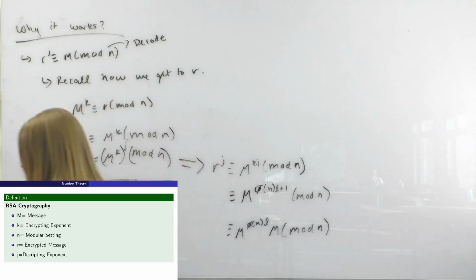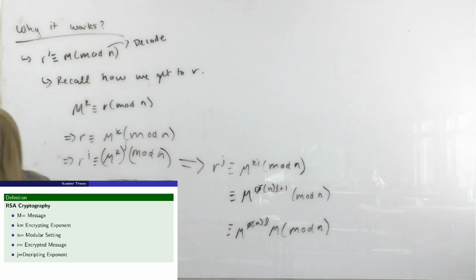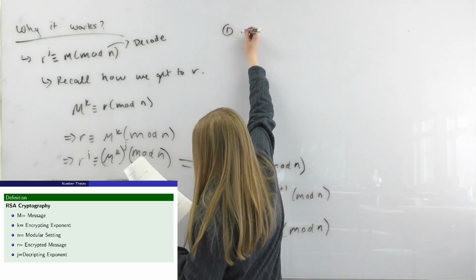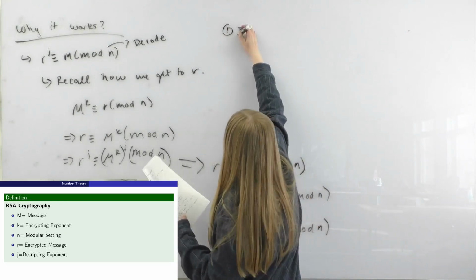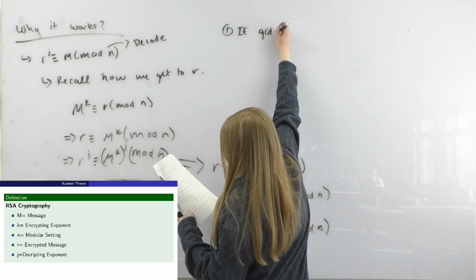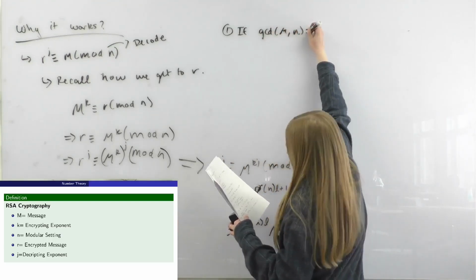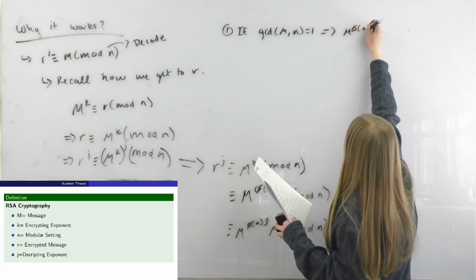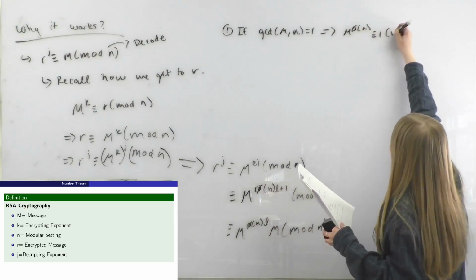Okay. So our first case here is if the GCD of m and n is equal to 1, then m to the phi of n is congruent to 1 mod n.